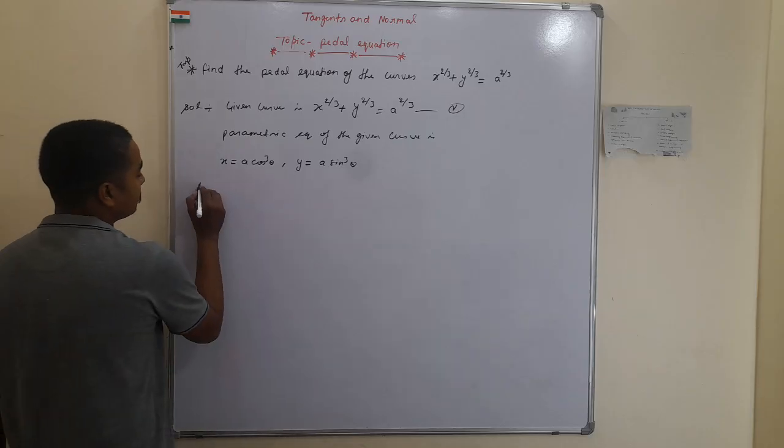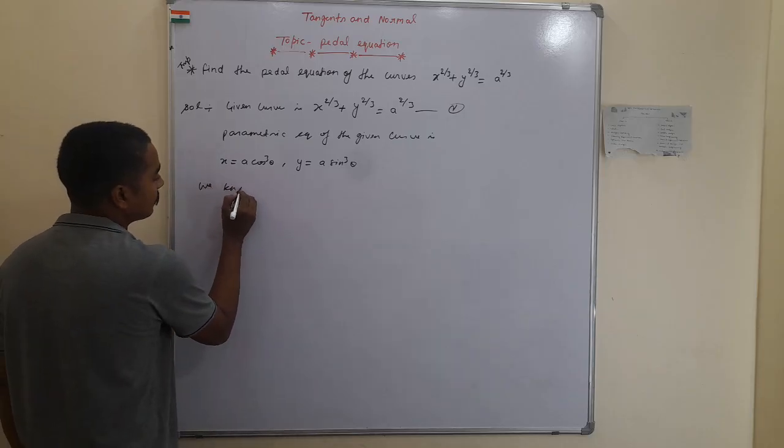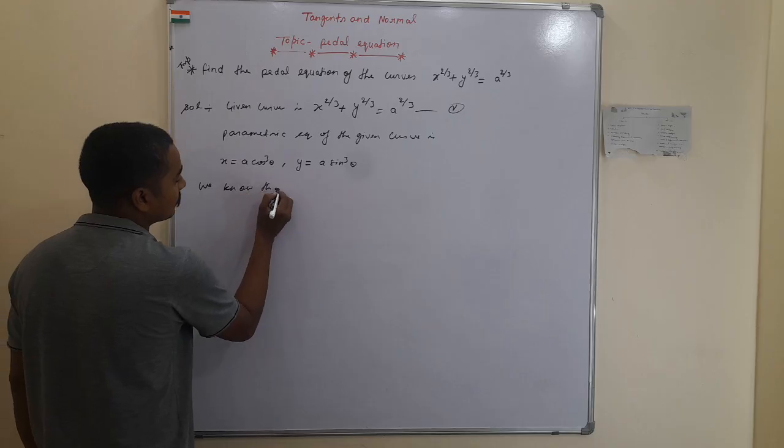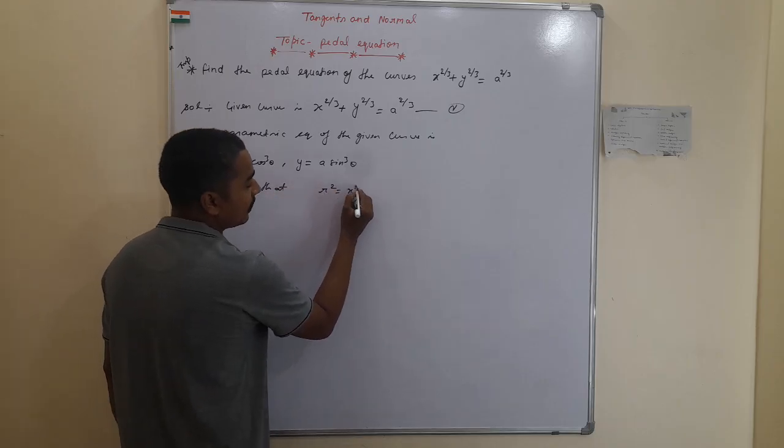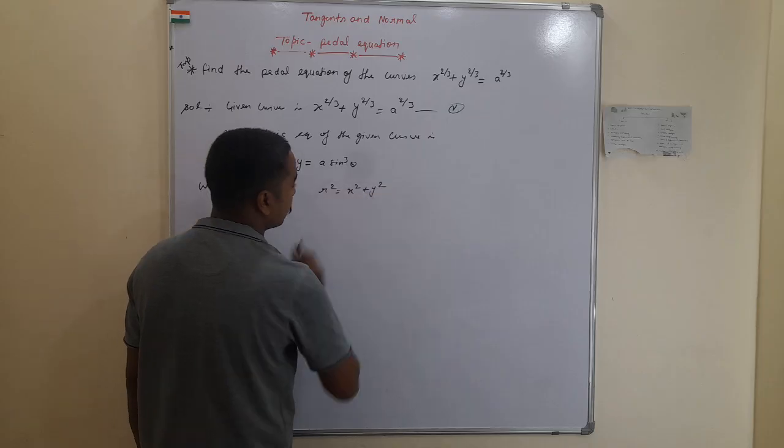We know that in the pedal equation r square is equal to x square plus y square.